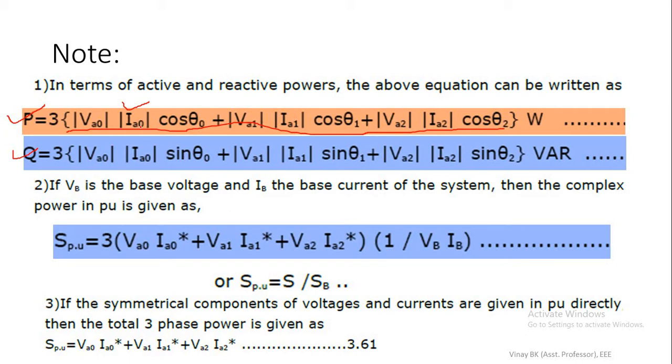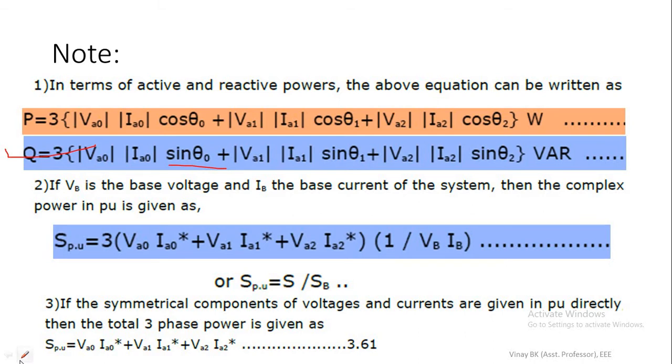So it only has magnitude, so you have to take the magnitudes of the zero sequence voltage into zero sequence current into zero sequence power factor, plus VA1 IA1 cos theta 1 plus VA2 IA2 cos theta 2, for all three sequence components. And next, if you want to write reactive power, it is the same thing with sin theta.